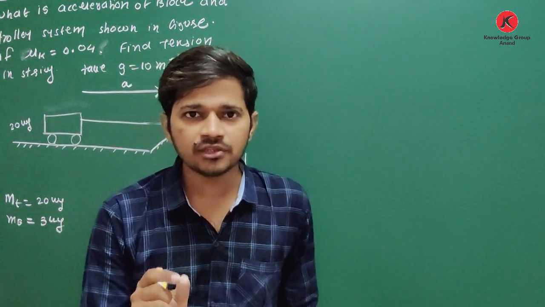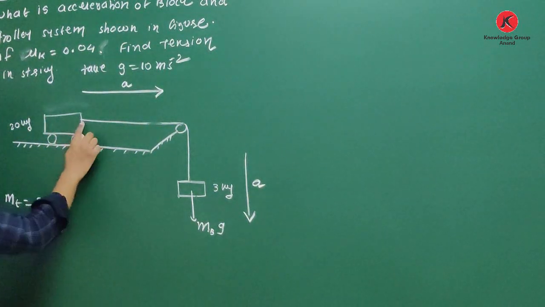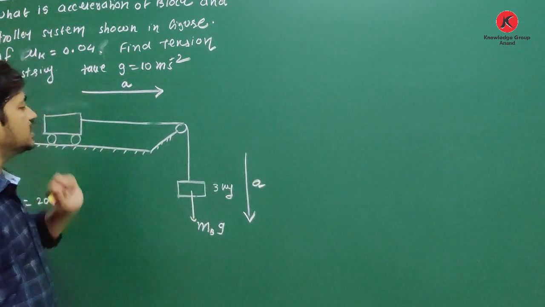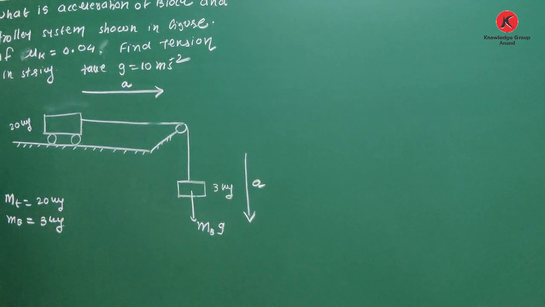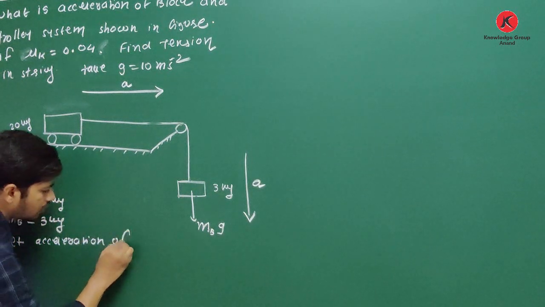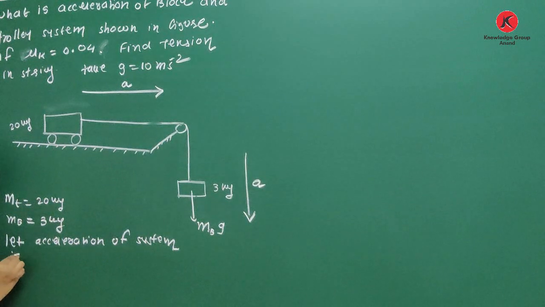Clear about this? So as this block and this trolley are connected with the help of this string, they have common acceleration. Let the acceleration of the system be A, that I have to find.